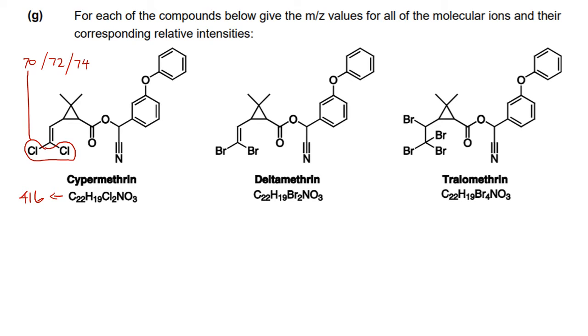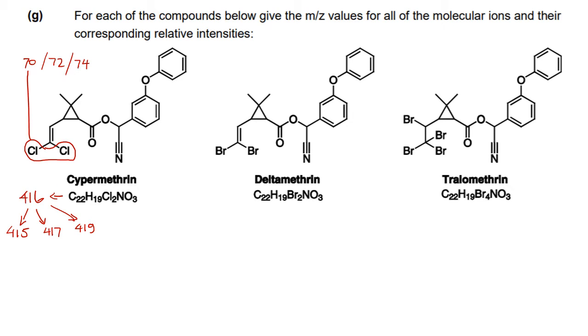So a molecule might have two 35s in it, in which case it's going to have an m/z of 415. The molecule might have one of each in there, in which case it's going to be 417, and it might have two 37s in there, in which case it's going to be 419.